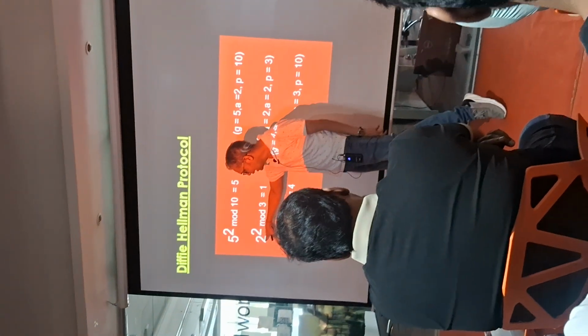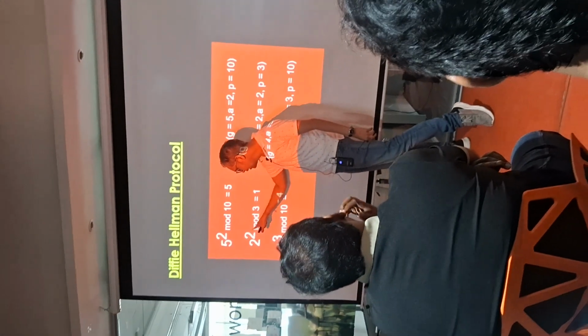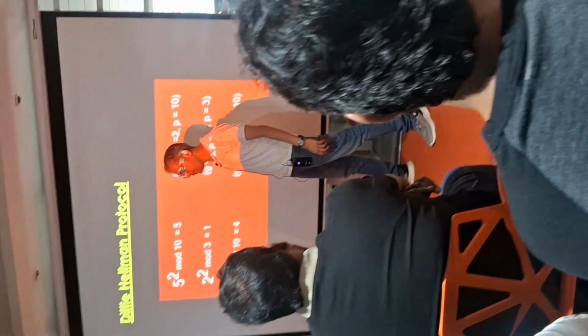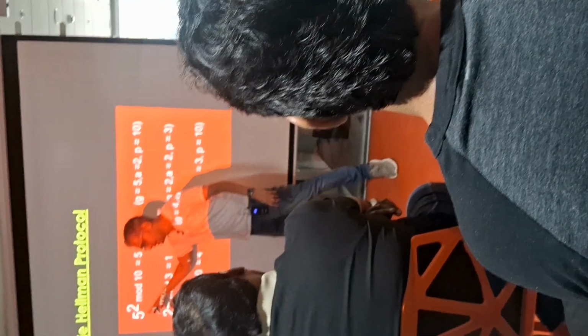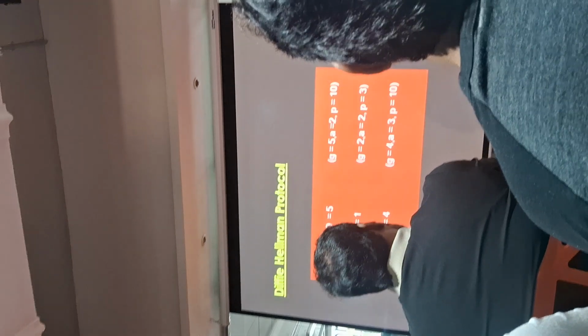What if to the other party I send only the base and the mod, but I never send the power. So the base becomes a public key, the value of P becomes a public key, but I never send the power, and I give this calculation to the other party.